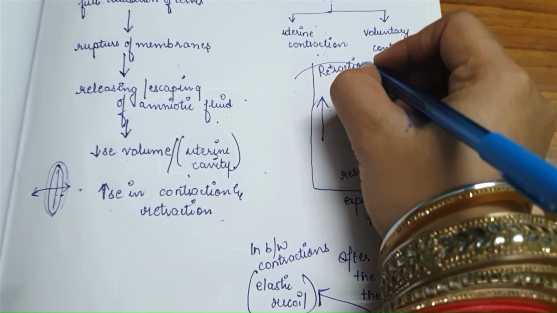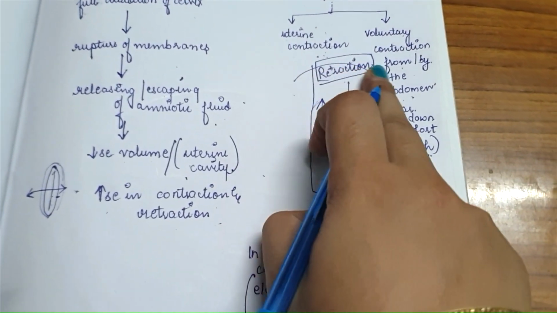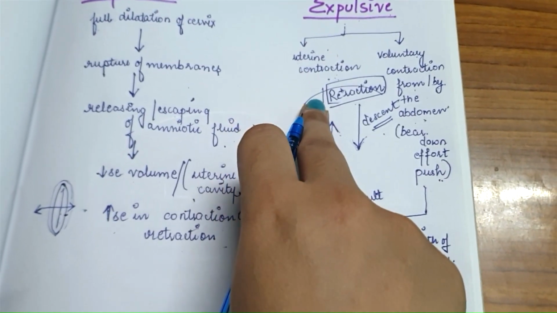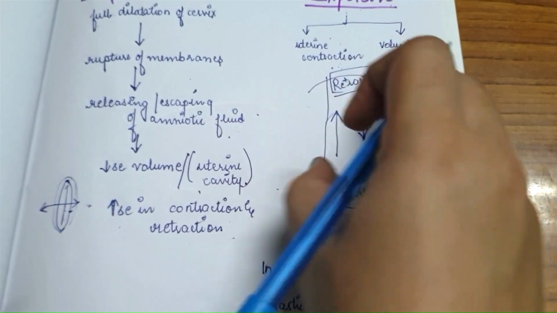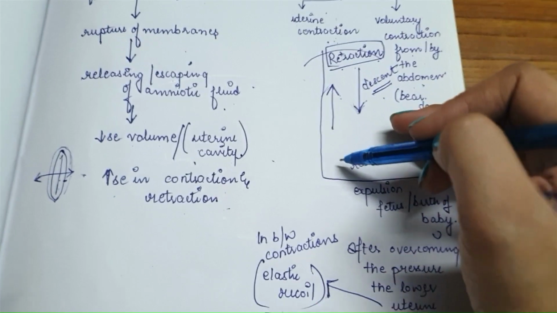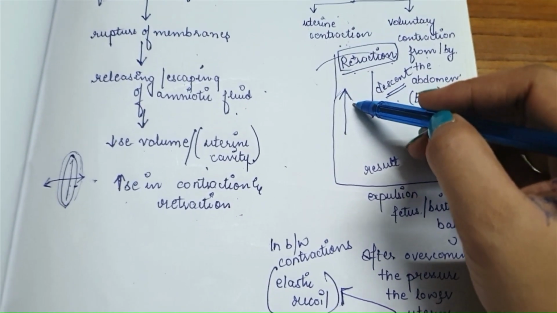As we know, there is a permanent shortening of muscles in the upper uterine segment. Even when the contraction passes, the muscles remain contracted. That permanent shortening of the muscles prevents the backward push of the baby.